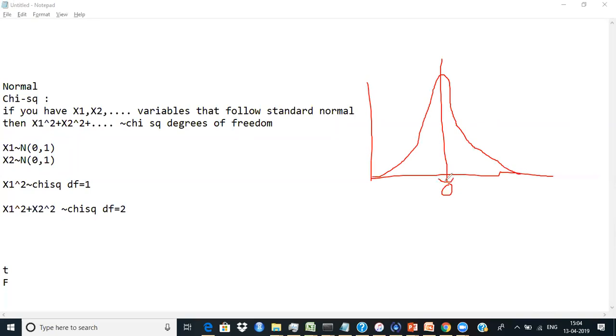Now if I square these variables, what happens? Negative values all become positive. So these probabilities are mapped to their positive counterparts. So probability of -1 will be mapped to probability of 1, and the probability will double there, right? So if I square a variable, the curve will look something like this, right? One side of the normal. Makes sense? But height will be double, right?